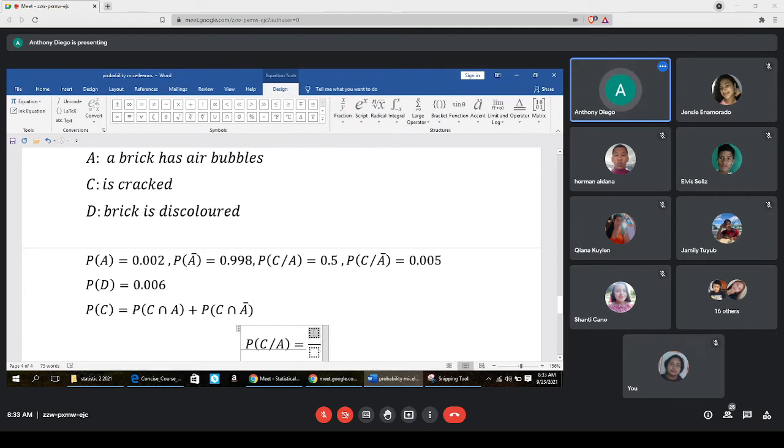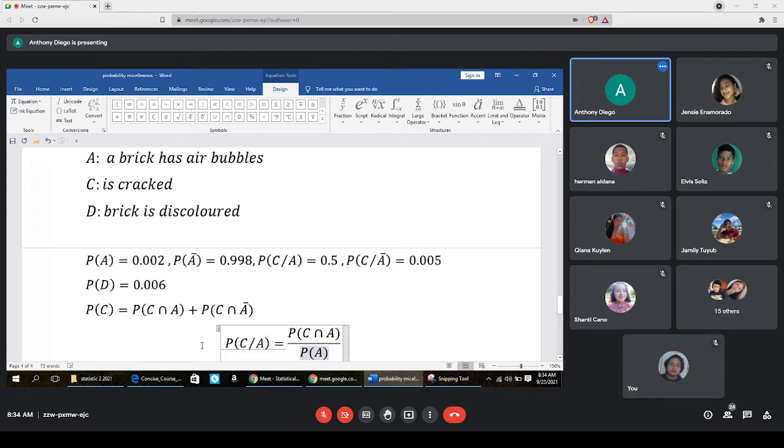The probability of C intersecting A over the probability of A. Okay.